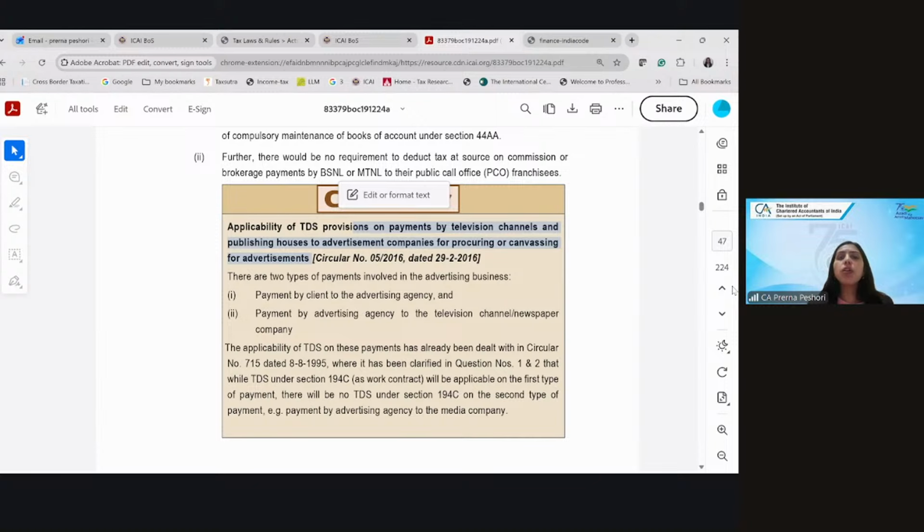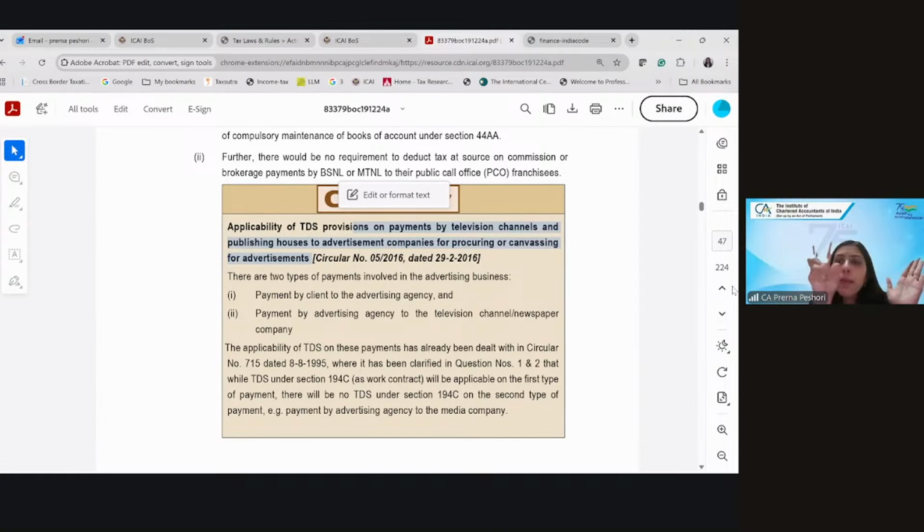Here the question is on the payment by the TV channel to the advertisement company for procuring the advertisement. So the advertisement company will do what? They would sell the slots on the TV channel for the advertisement. Right? So let's say, for example, if Nirma wants to advertise its washing powder, it will make a payment to the advertisement company for purchasing the slot on, let's say, Doordarshan.